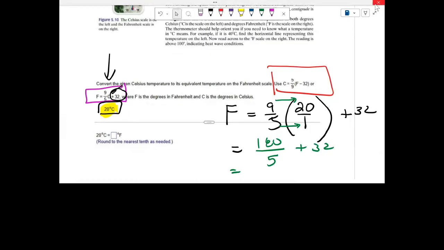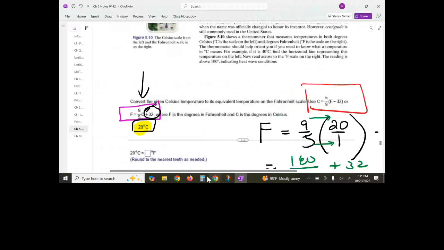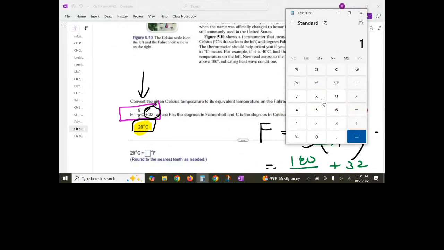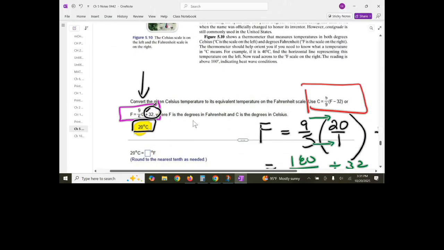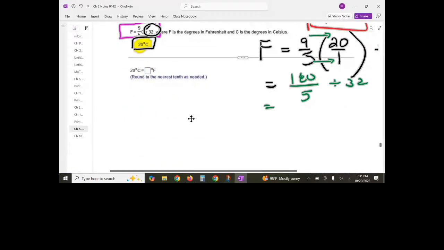Okay. Y'all, I'm going to take my calculator again, and I'm going to ask myself, what's 180 divided by 5? 36. Okay. So right here, y'all, we got a 36. And 36 plus 32, y'all, should be something like 68.